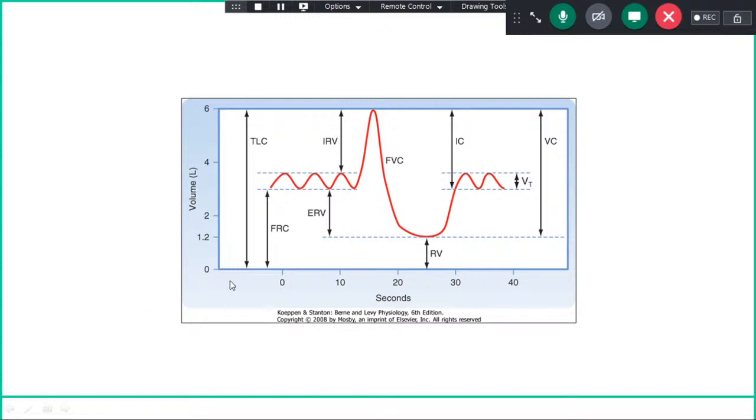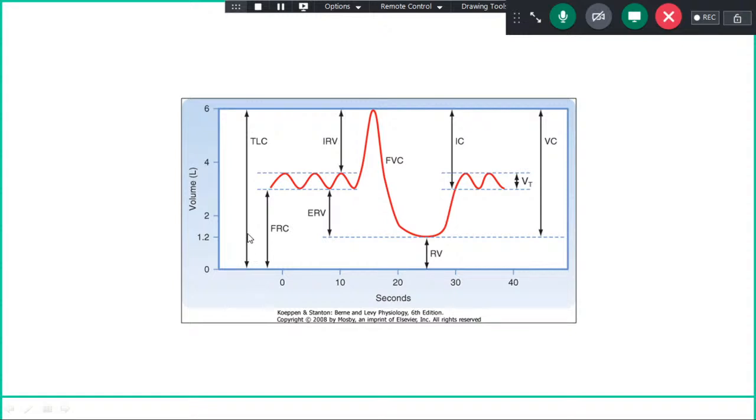So here again the same thing. On the left hand side, the first arrow from above downwards is the total lung capacity, that is the total amount of air from 6 to 0. It is, by definition, the maximum amount of air the lungs can hold after a maximal inspiration, when he is starting from the lowest expiratory point.